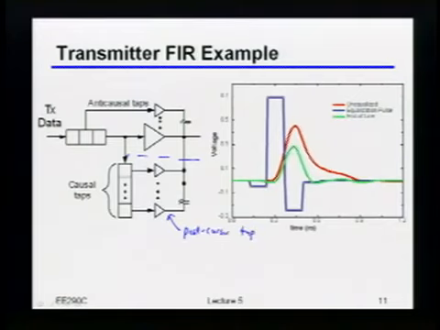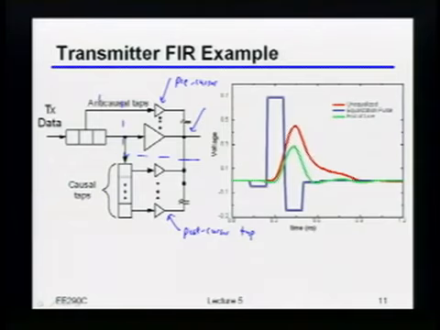Cursor just means your main, largest amplitude, the actual bit that you're trying to send. Everything before that, for example that guy, is called a precursor. So pre and post just refer to relative position with respect to the biggest amplitude that you have.